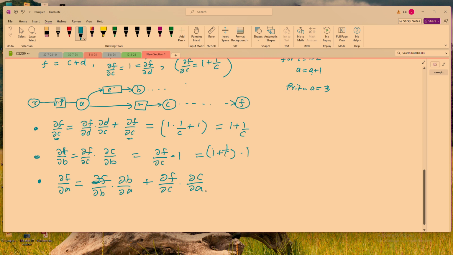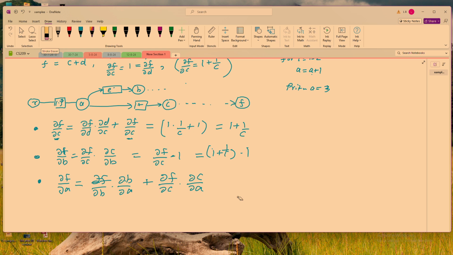Where are you? Yeah, so the point was that you don't have to take the intermediate path. Because we have already read df over db and df over dc, we assume that nothing else exists. Instead of worrying about this connection and going this way, we already have df over db, so we read it this way. Everybody okay? Yes or no?